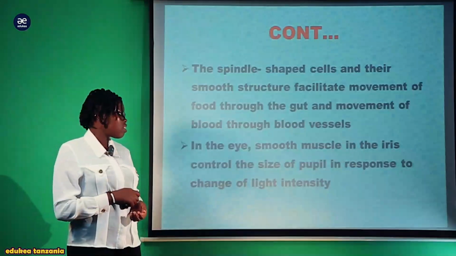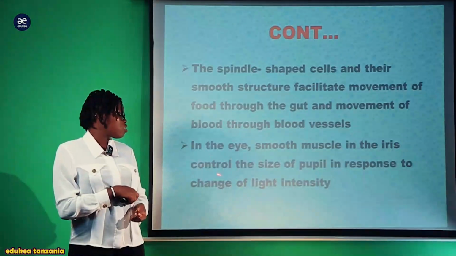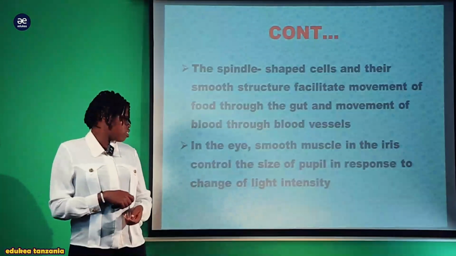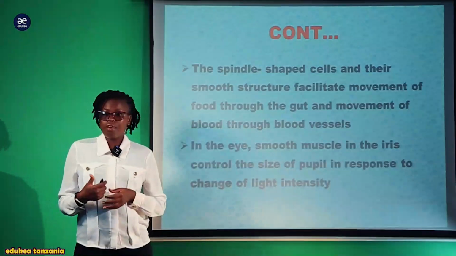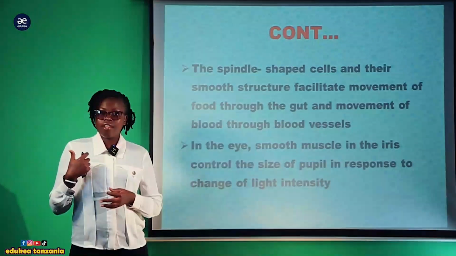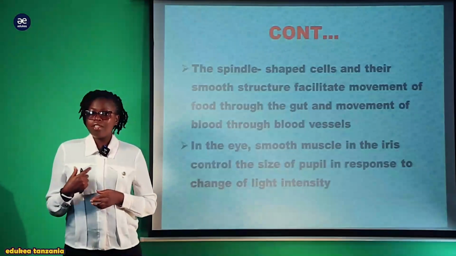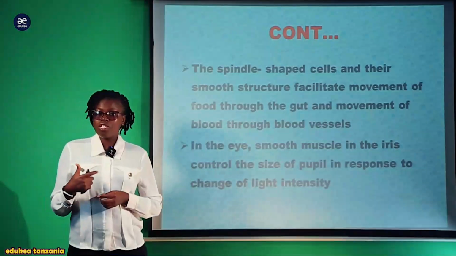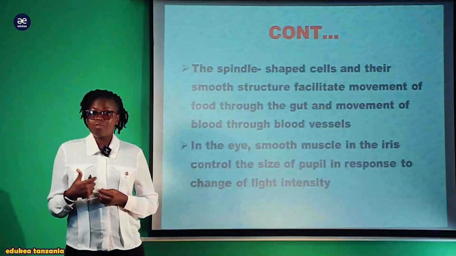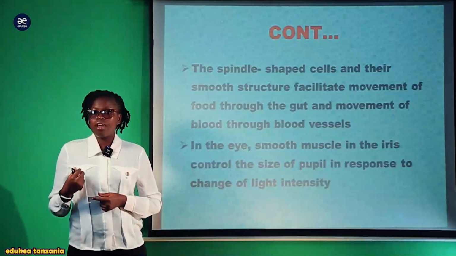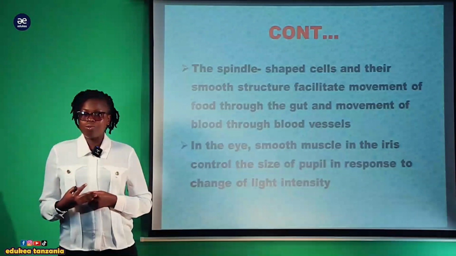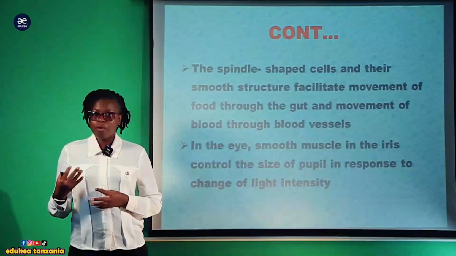So they tend to be found in the iris and control the size of the pupil in response to change of the light intensity, where during bright light, the pupil tends to decrease in size, to change its shape into a smaller size, so as to ensure that just a minimal amount of light is allowed to pass through, so as to form an appropriate image.